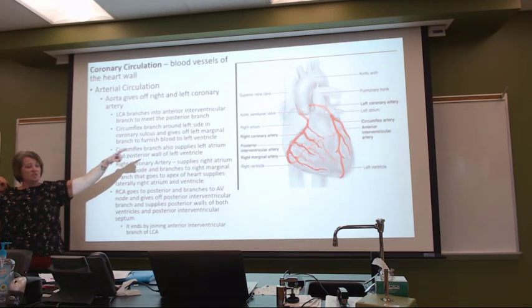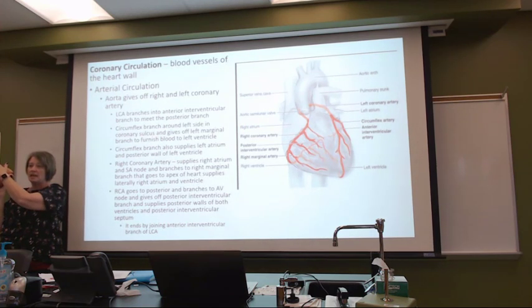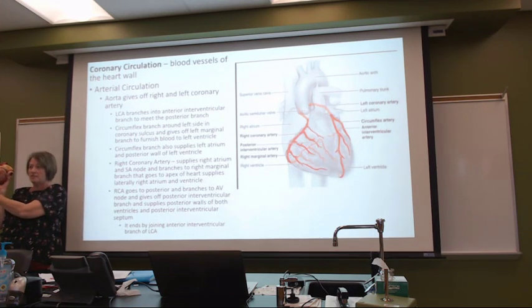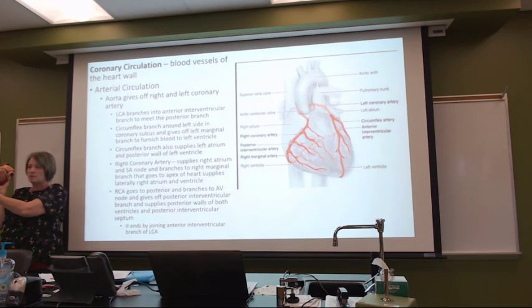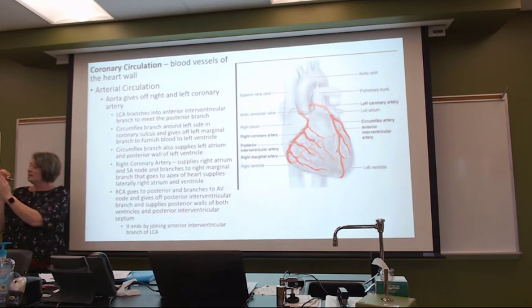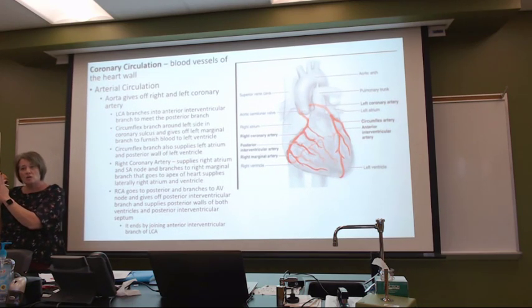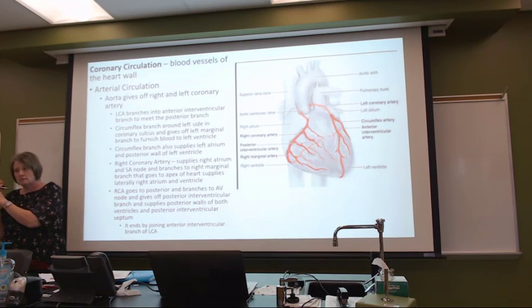It'll give rise to a left marginal, coming down the left margin of it. Is everybody following me in my terminology? Okay? Helps to furnish my left ventricle. I don't know about y'all, but I like that.